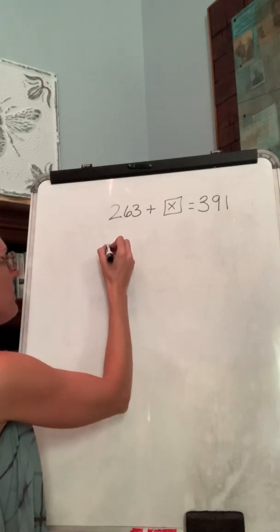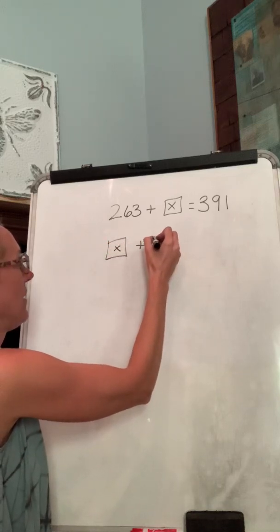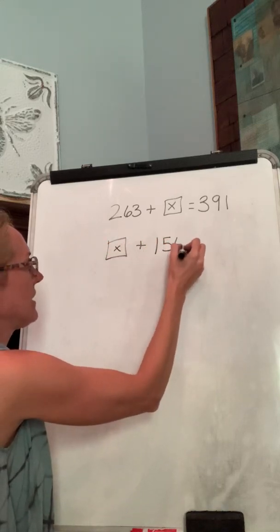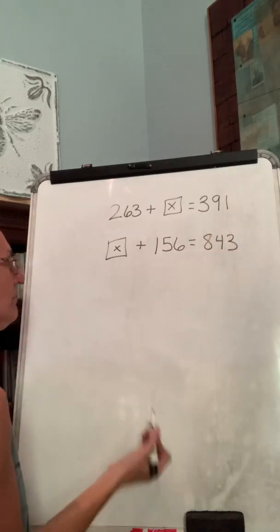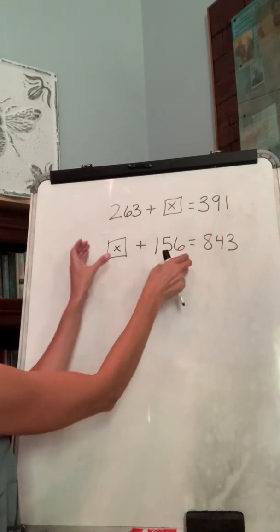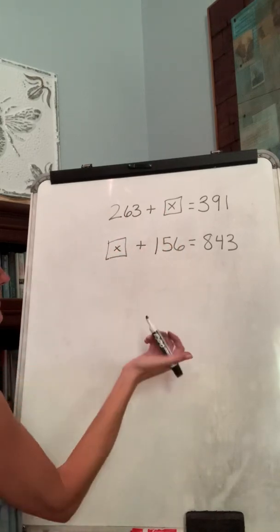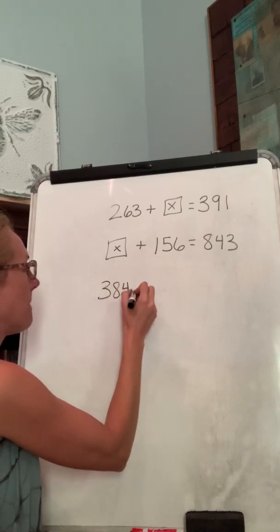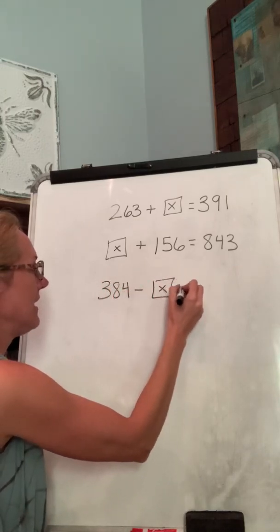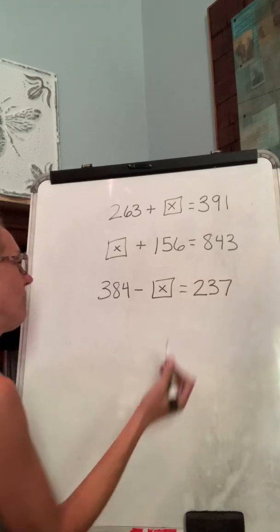How about x plus 156 equals 843? What is x? You've got these two parts again. Just because I put the part over here, it's still trying to figure out this part. What if I say 384 minus x equals 237?